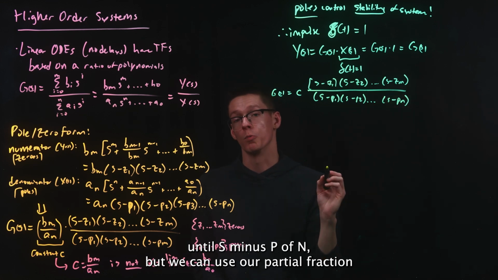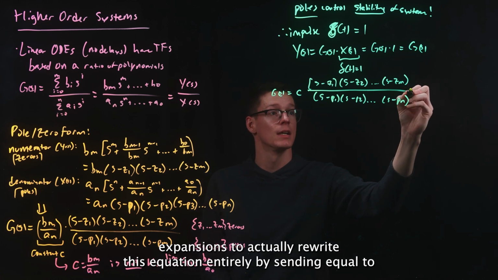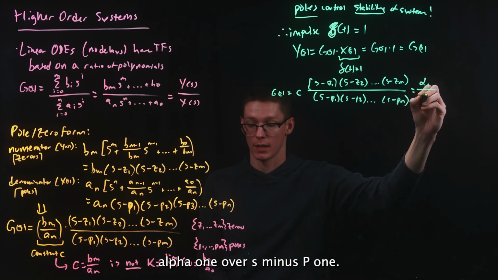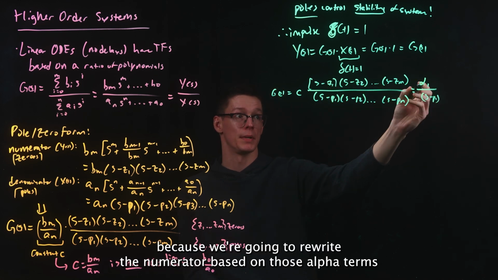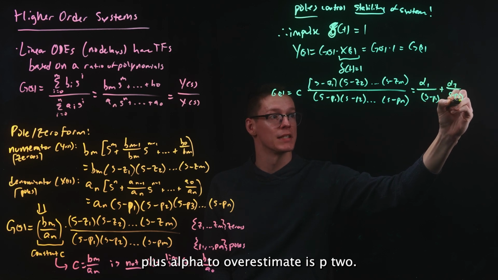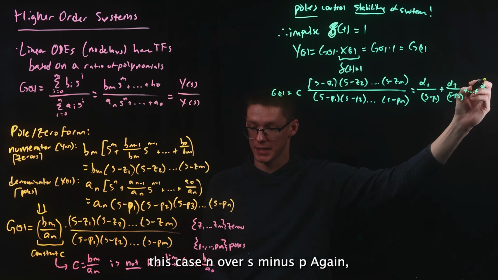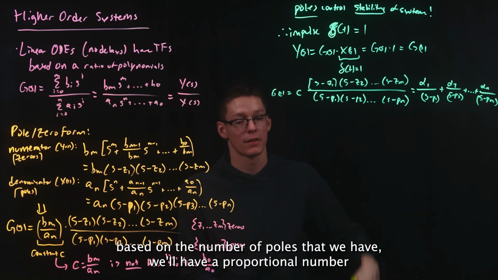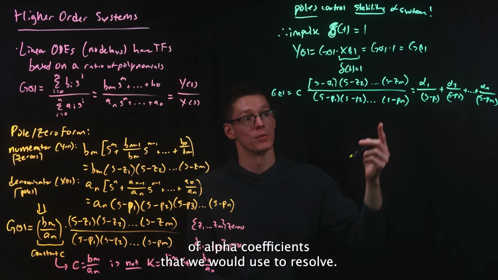But we can use our partial fraction expansions to actually rewrite this equation entirely by setting equal to alpha 1 over s minus p1. Notice our pole is what we're using because we're going to rewrite the numerator based on those alpha terms, plus alpha 2 over s minus p2, and so on until alpha n over s minus pn. Based on the number of poles that we have, we'll have a proportional number of alpha coefficients that we would use to resolve.